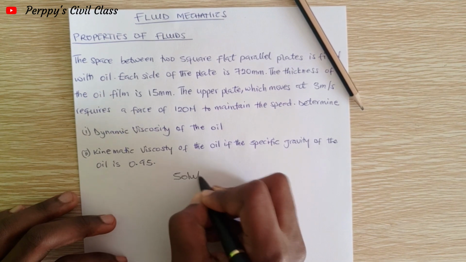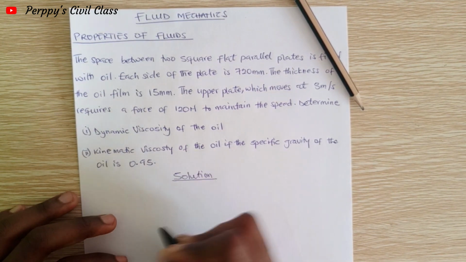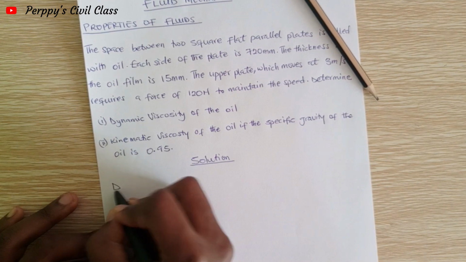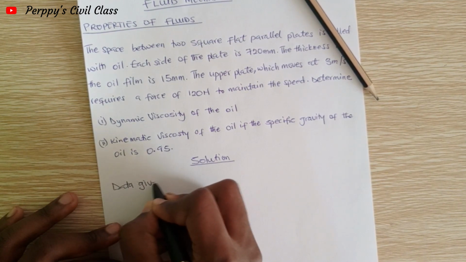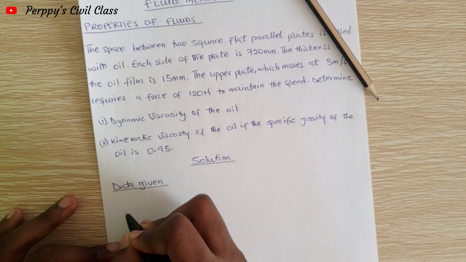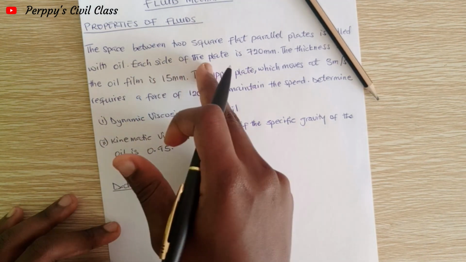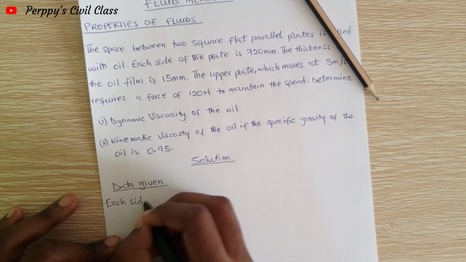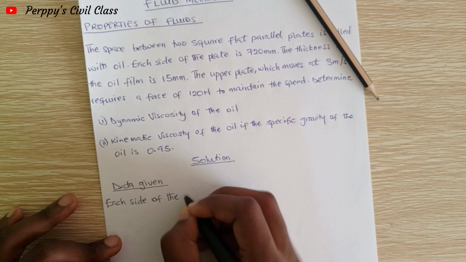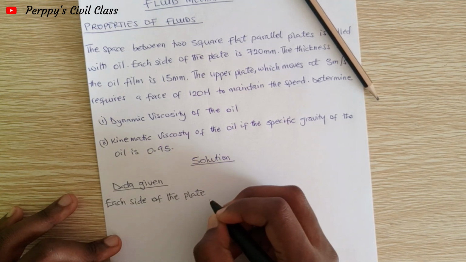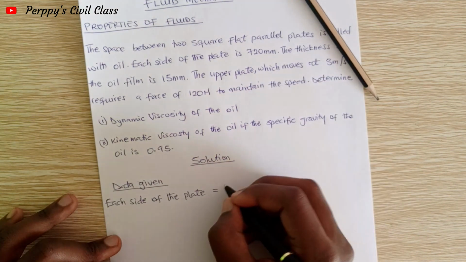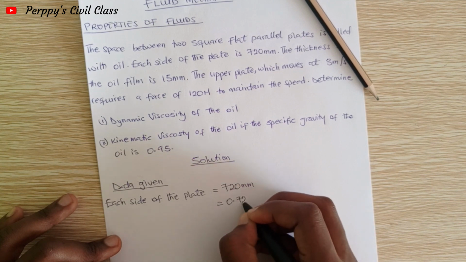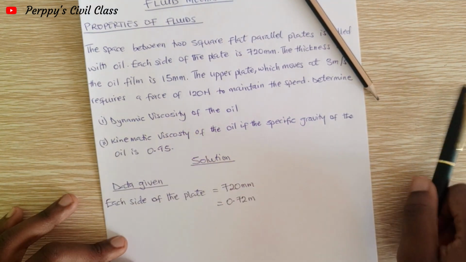Solution. Let's take the data given out of the question. Each side of the plate is 720 mm, which is equal to 0.72 meters.